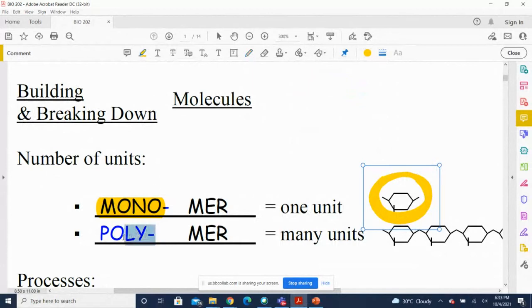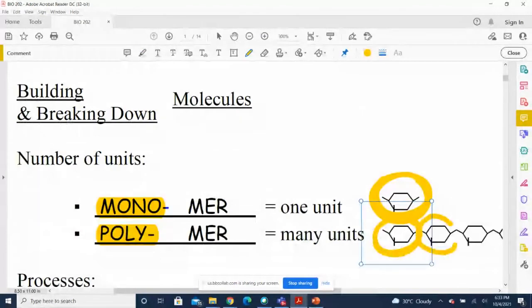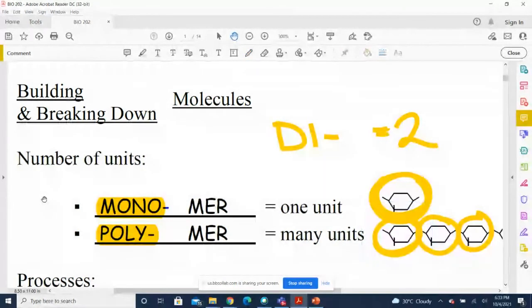A polymer instead looks at many of these units bound together. So just so that you are clear between those terms, of course, we can also have dimers, so 2 units, and so on. But when I use those terms, I'm assuming that we're able to grasp that information.